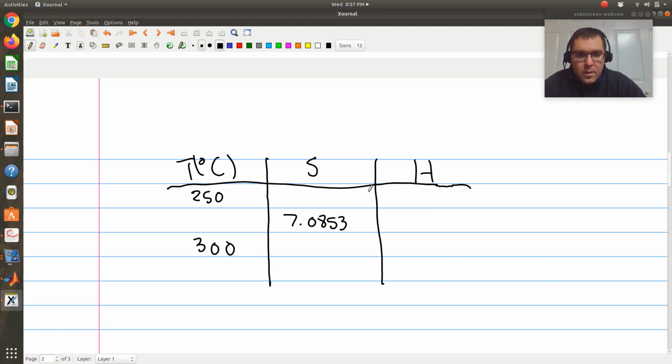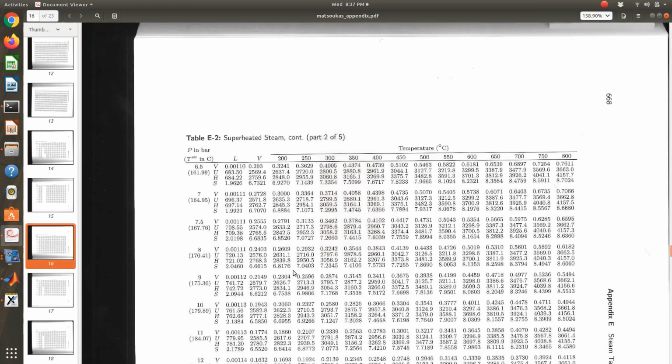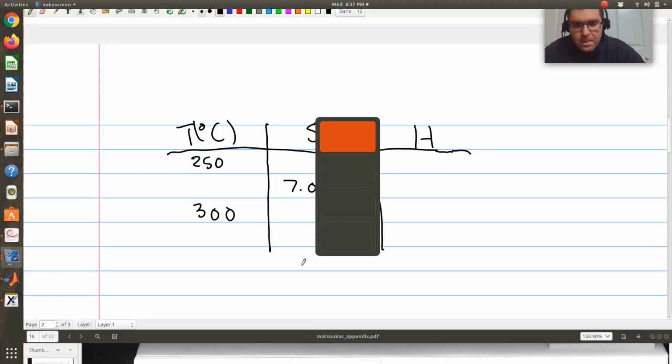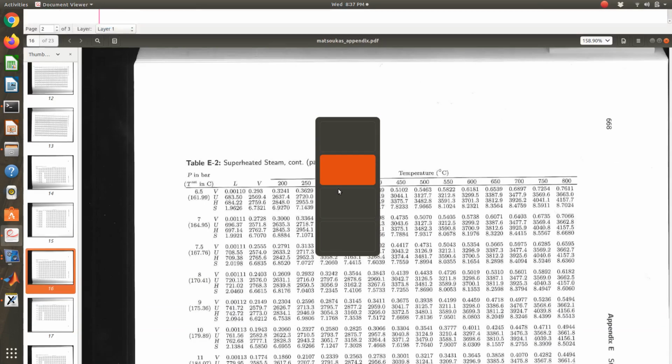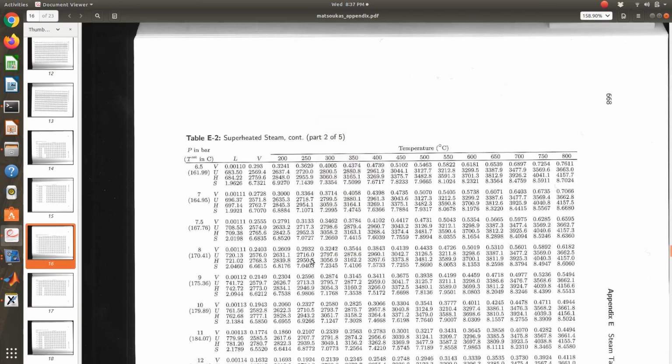Okay, so at 250 degrees here, S, I'm at 8 bars, is 7.0403. All right, so I expect I'm really close to 250.